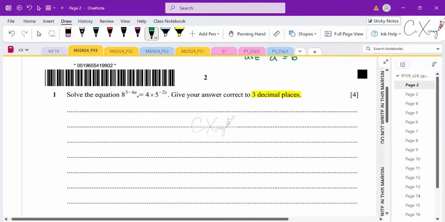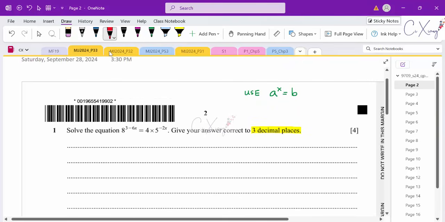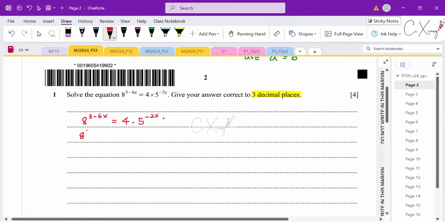Let's have a look at the question here. The first step is I want to separate all my indices, all my powers. If I rephrase it, I will have 8 power 3, multiplied by 8 power negative 6x.